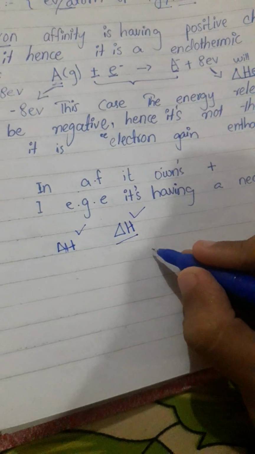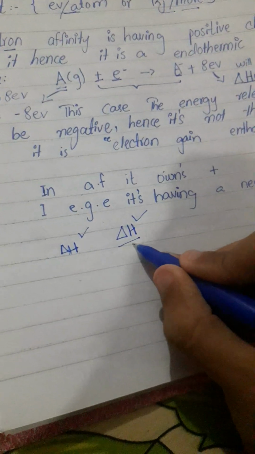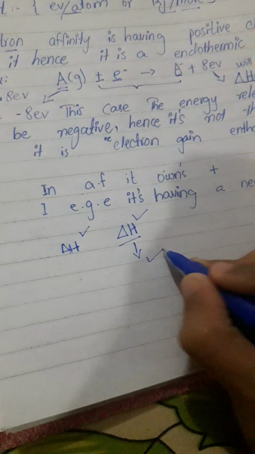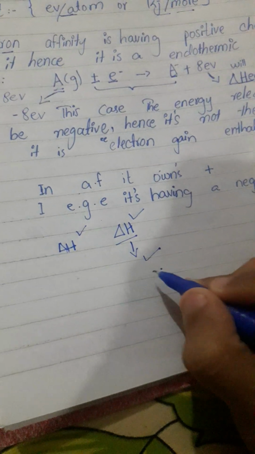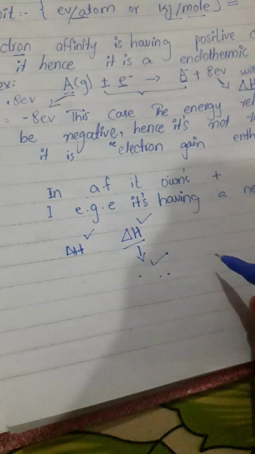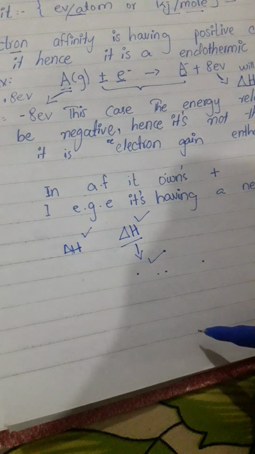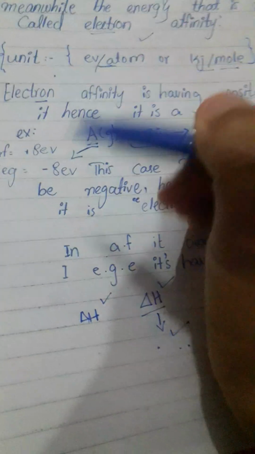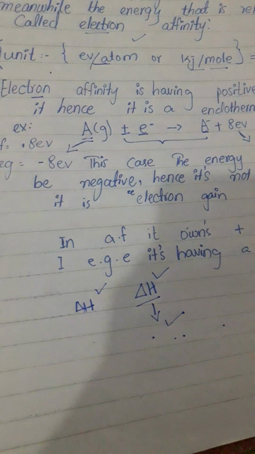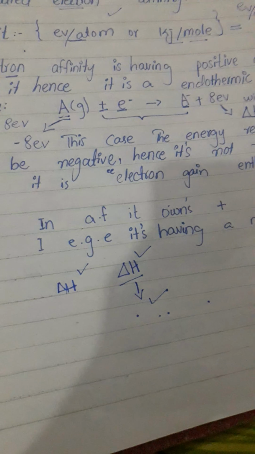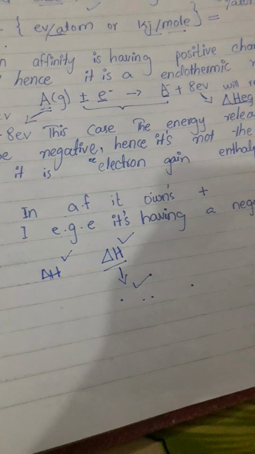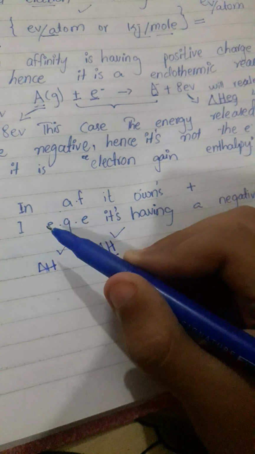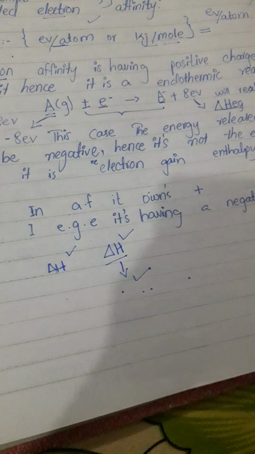Whenever a chemical reaction occurs, the quantity that is released is always heat, in ionization energy, electron affinity, as well as in electronegativity. But unfortunately, in electronegativity we aren't having any type of unit, which we will discuss tomorrow or later in the video. So in electron affinity, it owns a positive sign just because of the exothermic process.